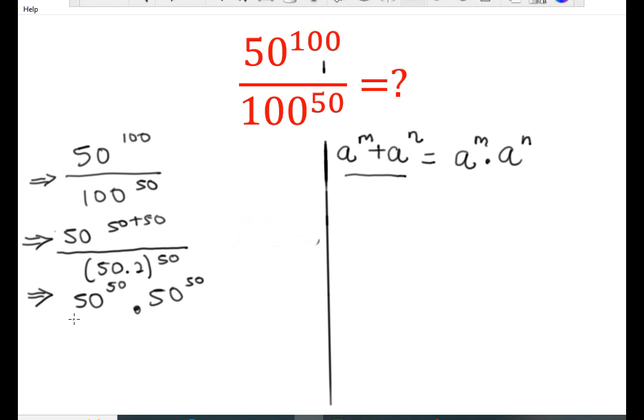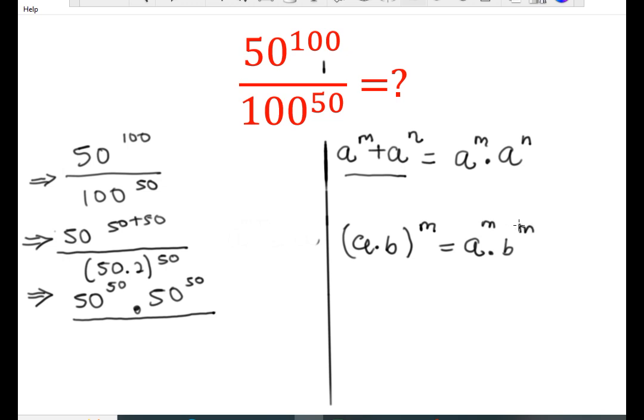Now we're going to say over 2 to the power 100, and here we introduce another rule that says a multiplied by b, all to the power m, is equal to a to the power m times b to the power m.